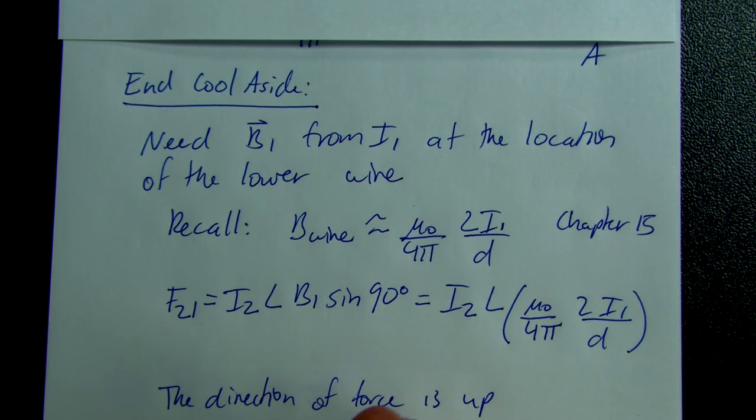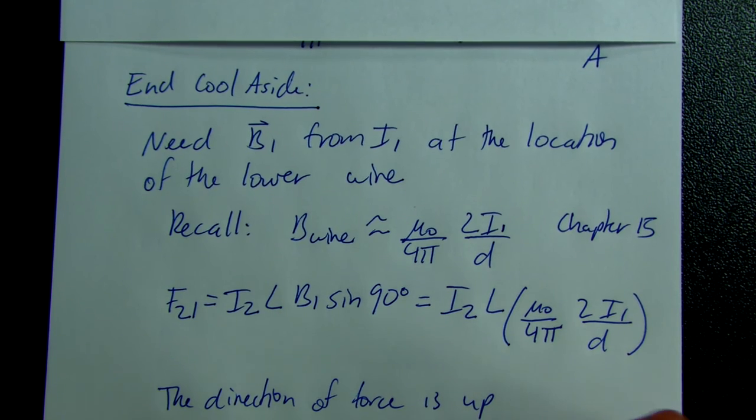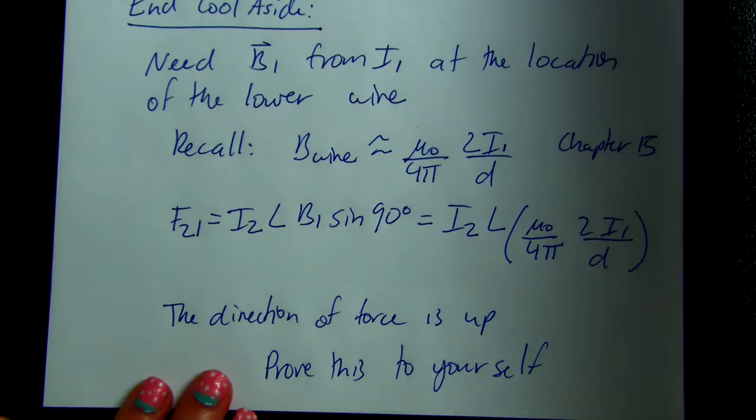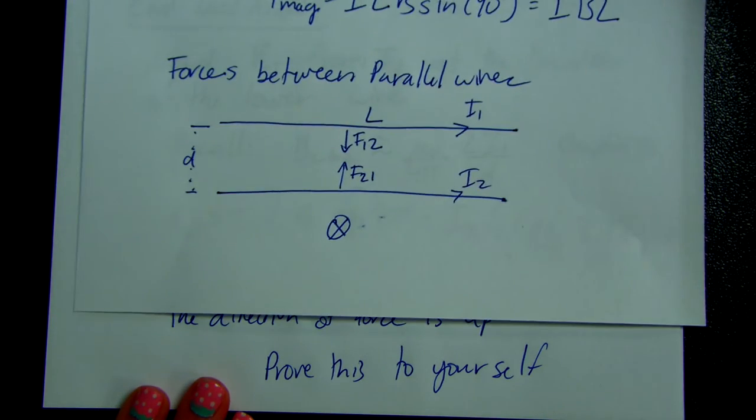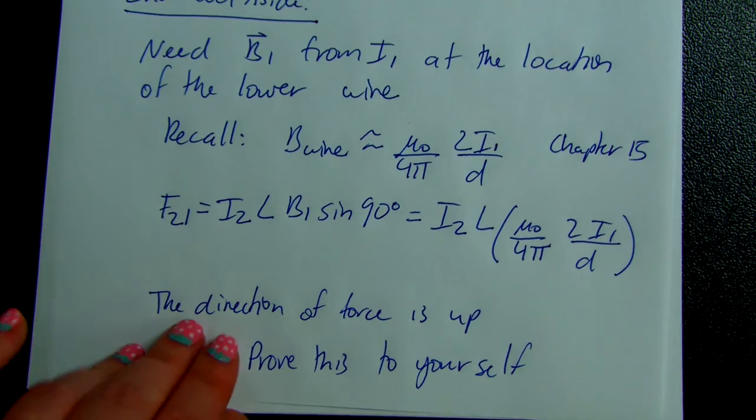And once again, I want you to prove this to yourself. Okay, so we're just applying that nifty little formula that we just derived previously for this problem of two parallel wires. Continuing with this example, this implies the lower wire is attracted to the upper wire.